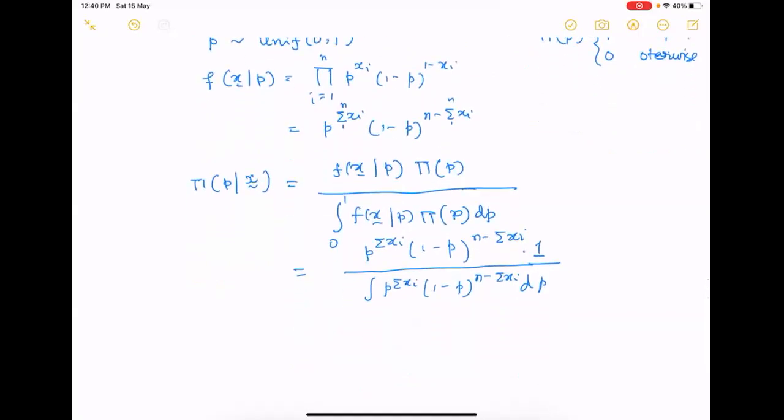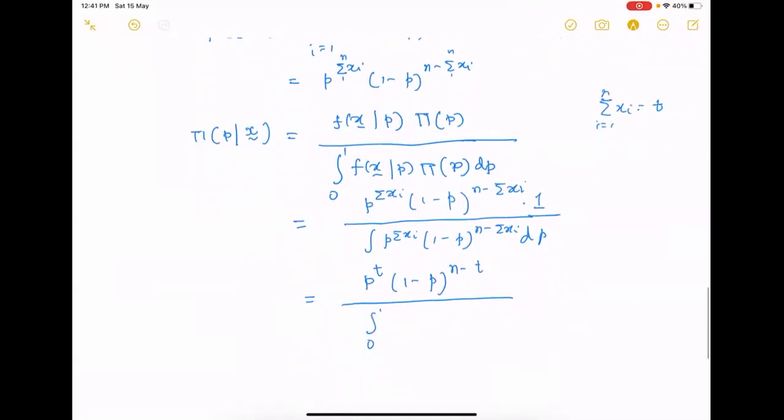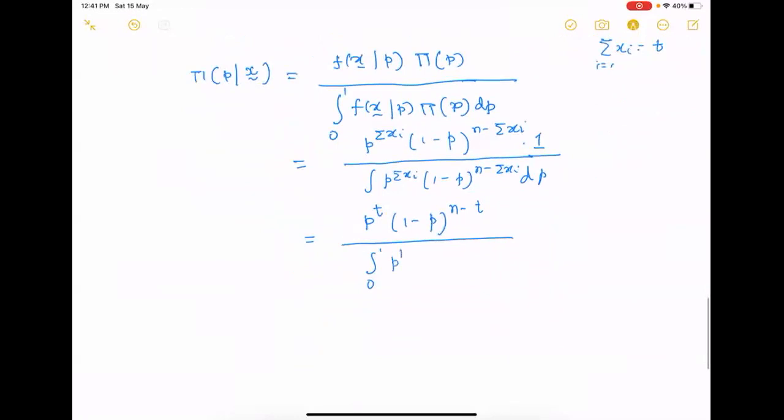Now let us call summation xi as, say, t, to make our life a little simpler. So p to the power t times 1 minus p to the power n minus t, divided by the integral from 0 to 1 of p to the power t times 1 minus p to the power n minus t dp.